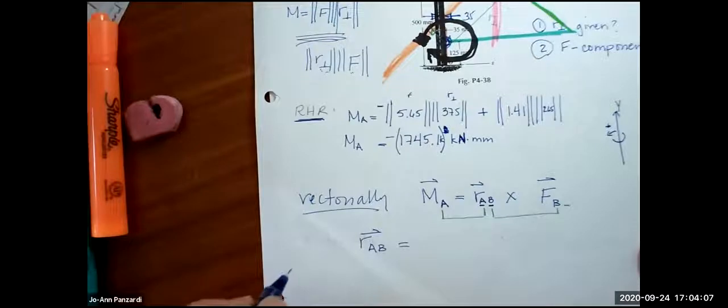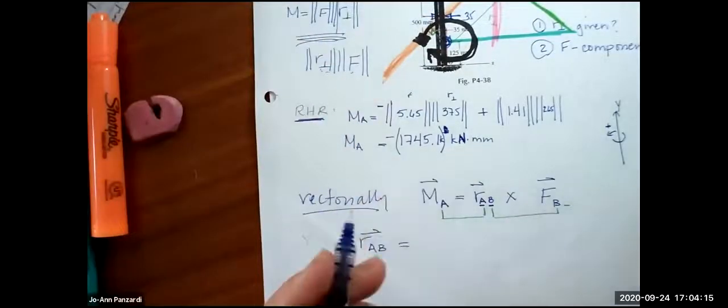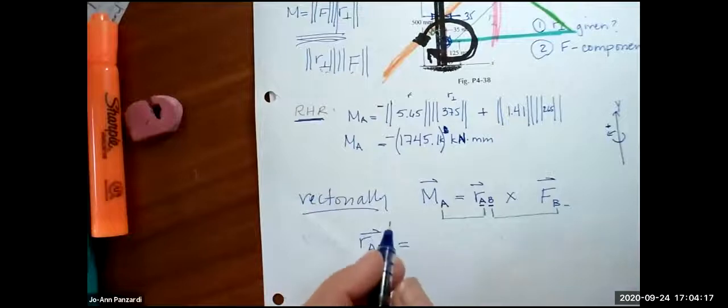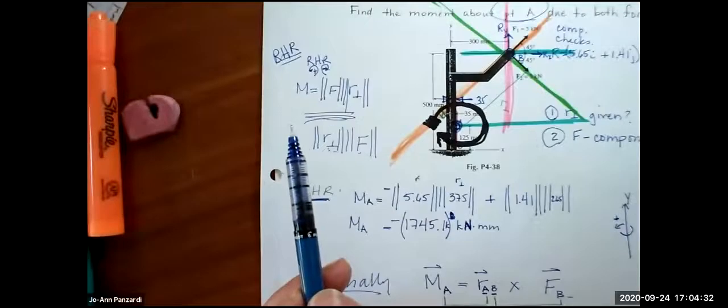Tony, you here? Yeah. Okay, great. So you see where R is, right? And you see where B is. What is the X value, the direction from A to B in X? I mean, I can't really see the picture. Yeah, the picture has so many lines on it, it might be hard to tell. But we're going from A to B. So you wanted to know the X distance, right? 300?